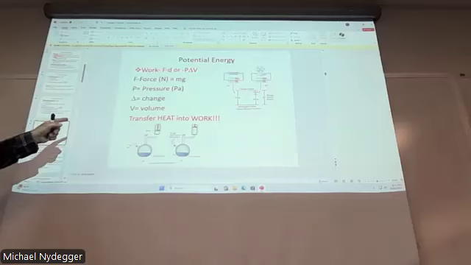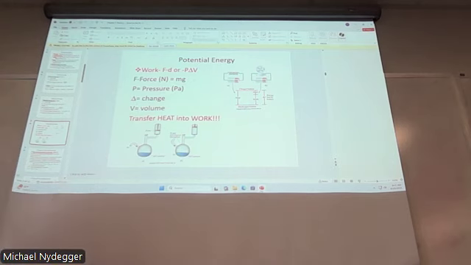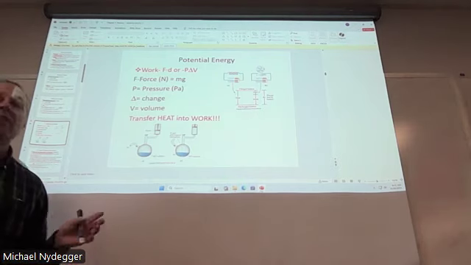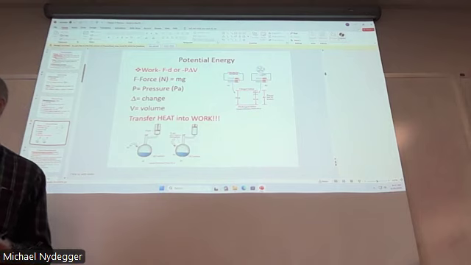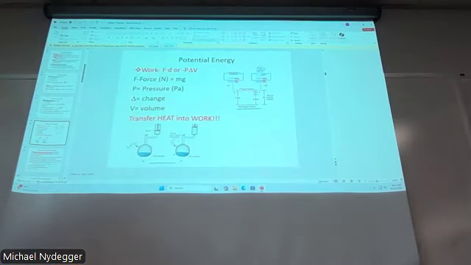Same thing with energy. It's the exact same thing with energy. Do you have work? Or do you have potential energy? Do you have kinetic energy? Based on the type of energy you have, once you get that identified, that is how you're going to treat that. That makes sense? So that's the analogy to thermodynamics that makes the most sense to me.